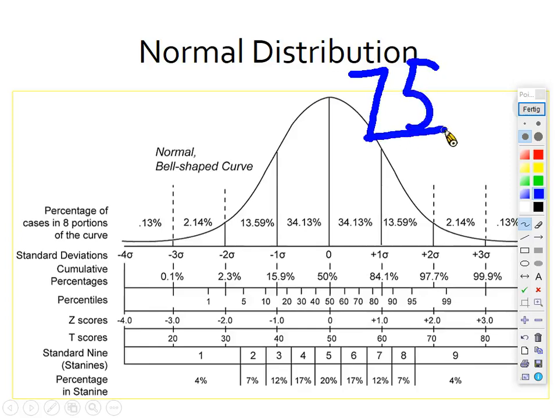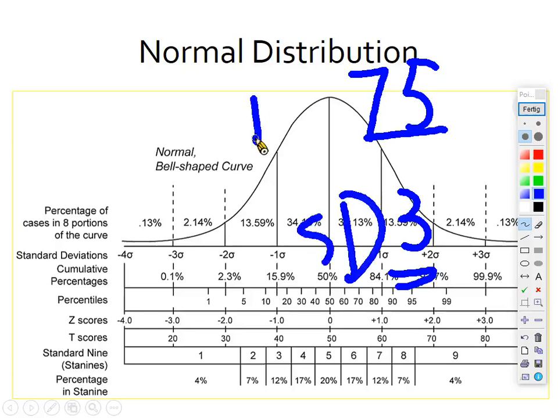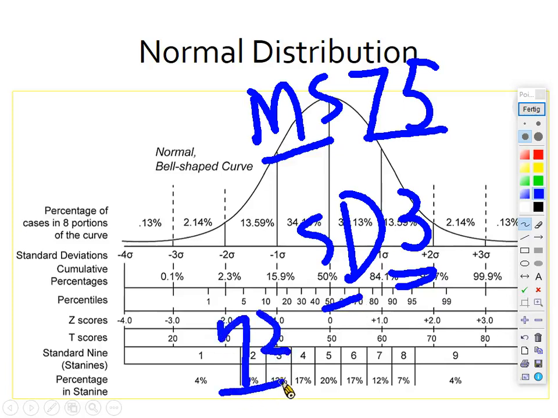And we were lucky enough to know the standard deviation of his class, the same class, is 3. And we are also lucky enough to know the average score of that class is 72.